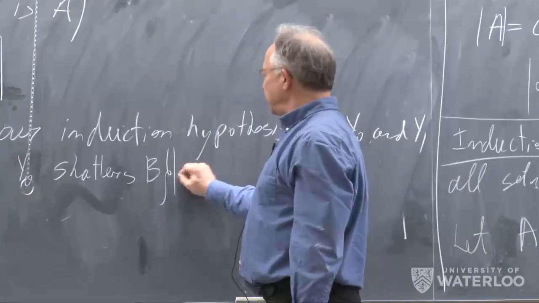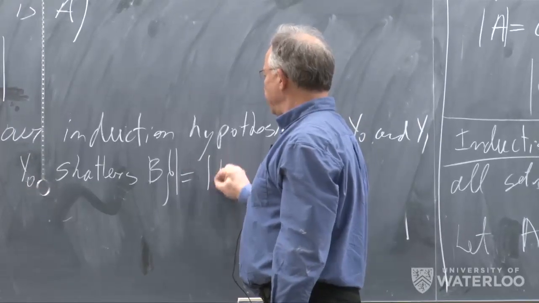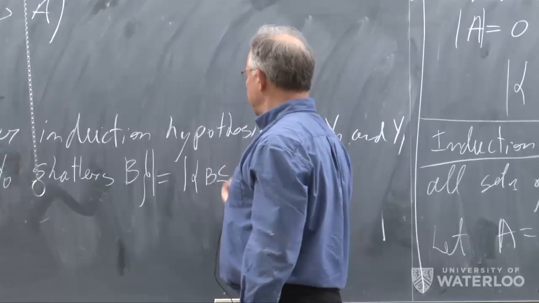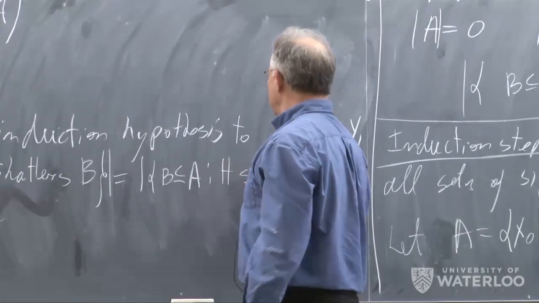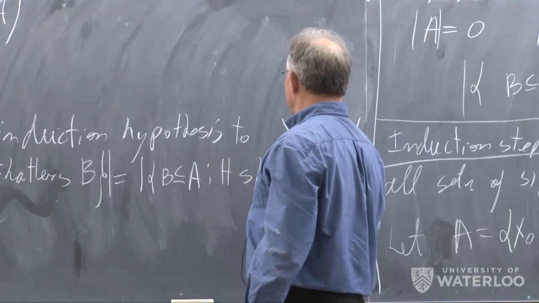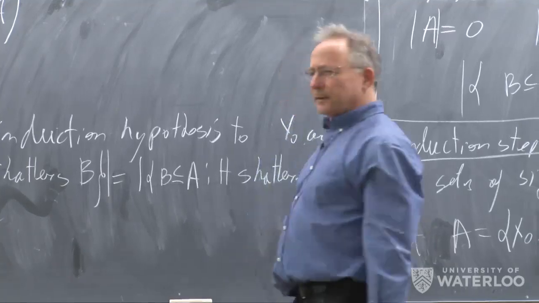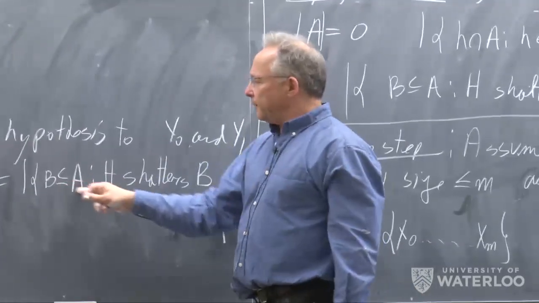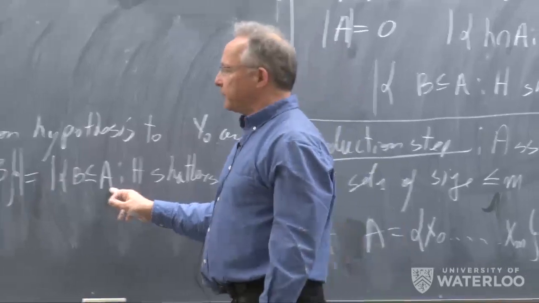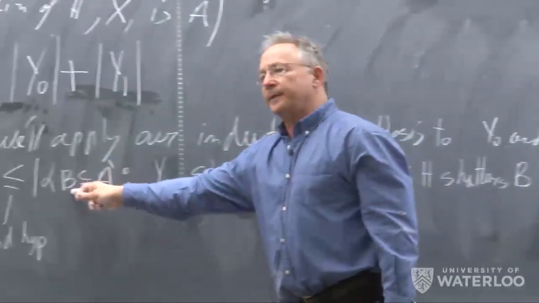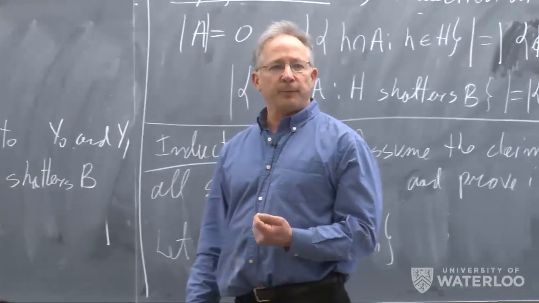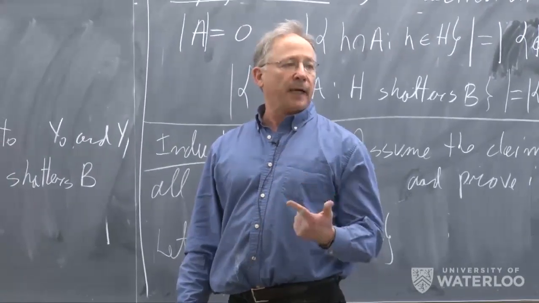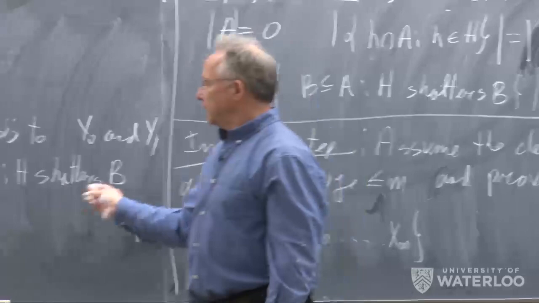And this is the same as the number of B subsets of A such that H shatters B. Now, something is missing. I mean, suddenly I'm looking at B subsets of A instead of B subsets of A prime. What is special about subsets of A prime relative to arbitrary subsets of A?